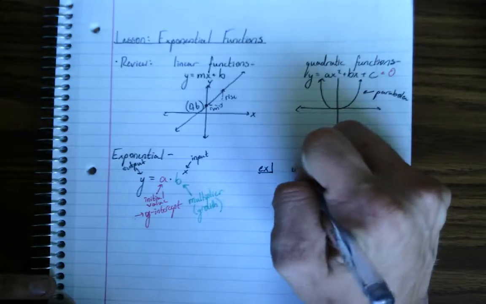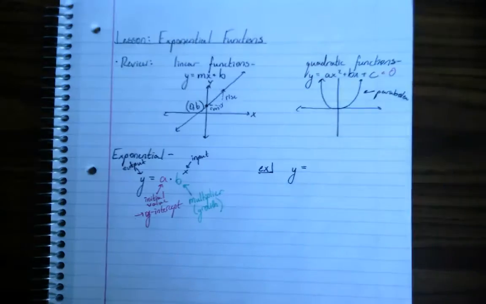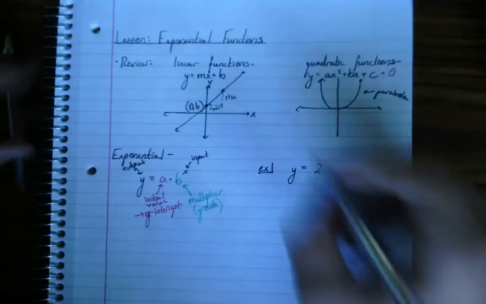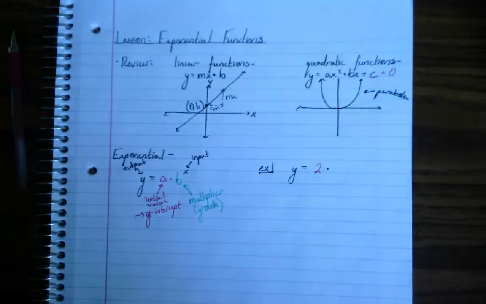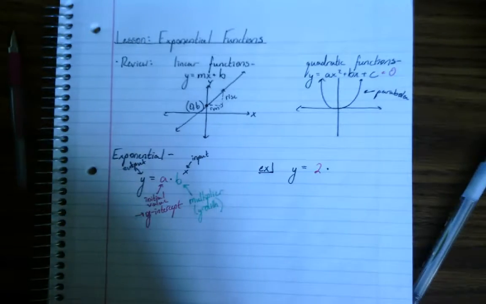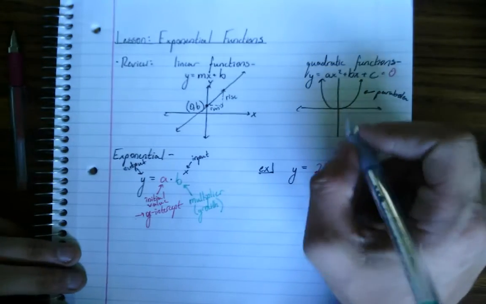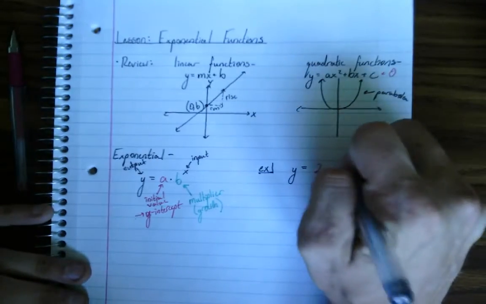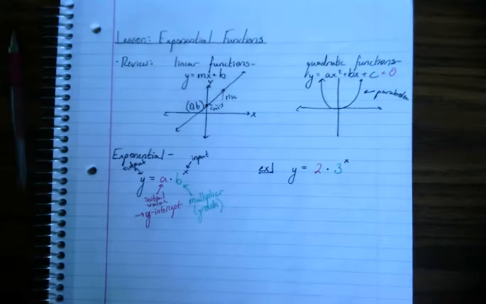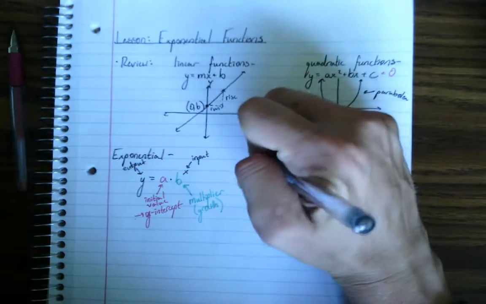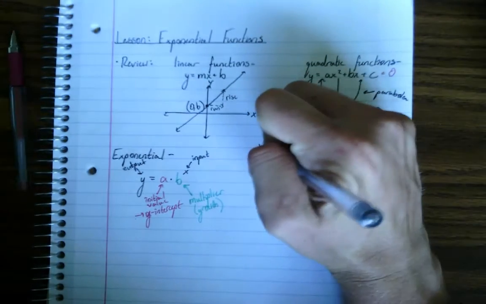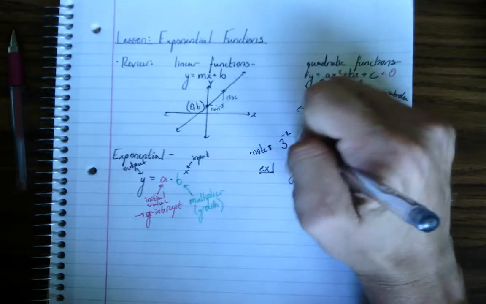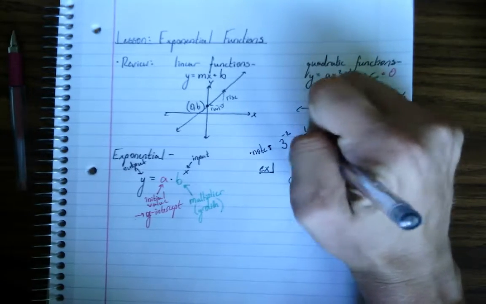So in this example, we're going to have y equal to 2 times 3 raised to the power of x. And so before we start this, a good thing to note is that if you have a value to the negative power, that's just 1 over that positive power.